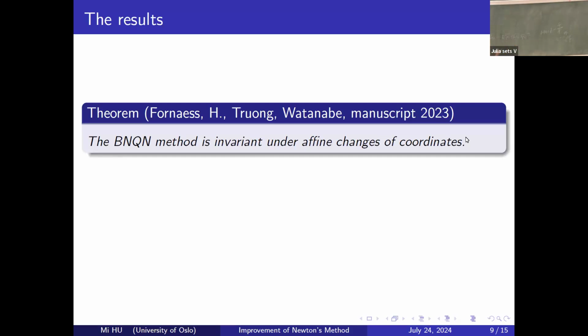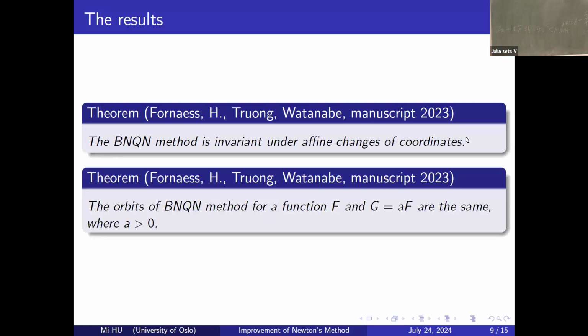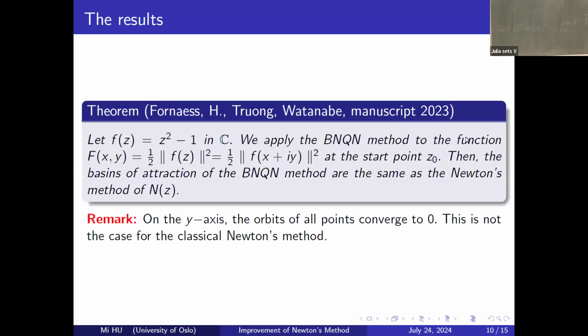Be careful that when you change the coordinate, the factors in front can be taken out, so that this is less than kappa times the gradient, the condition that we added there. It's not obvious, but it works. Also, the orbits of the backtracking Newton method for this function capital F and for g, if you have a factor in front, are the same. That's very good.